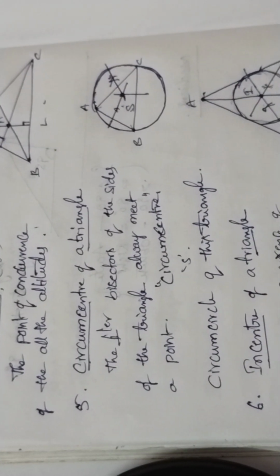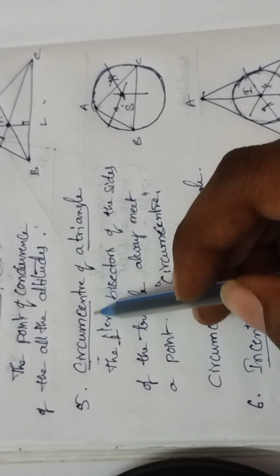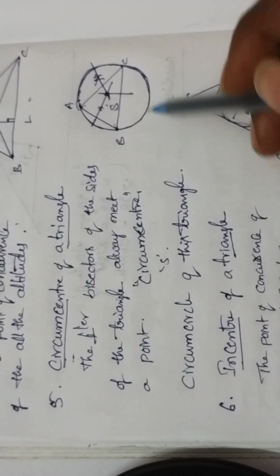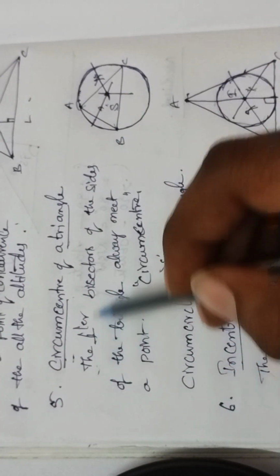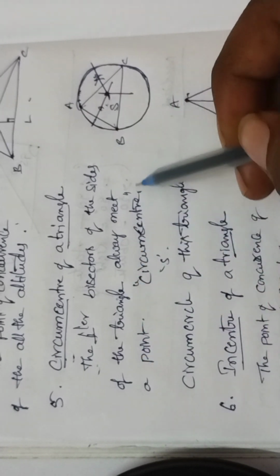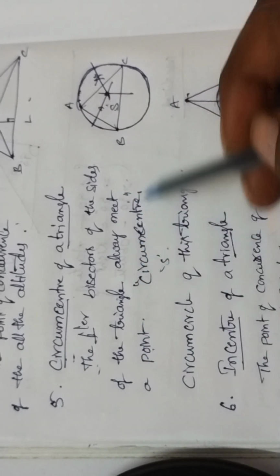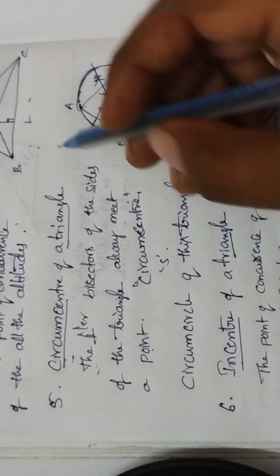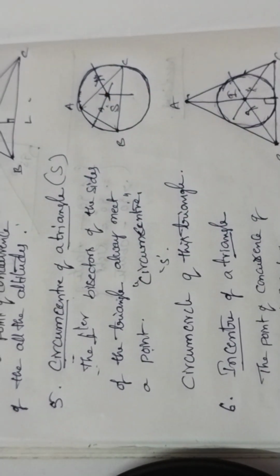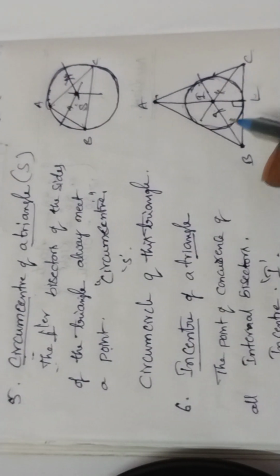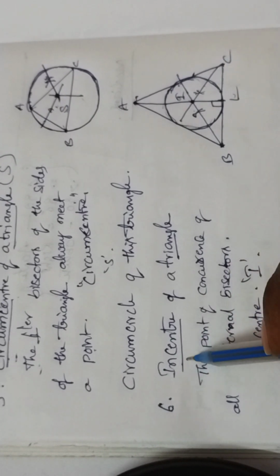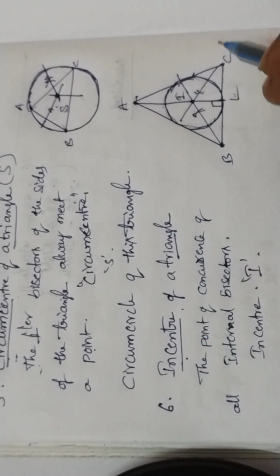Next, coming to the circumcenter. The circumcenter of a triangle is where the perpendicular bisectors of all the sides of the triangle always meet at a point. That point is called the circumcenter. It is indicated by the letter S. Next, coming to the sixth one, the incenter of a triangle.